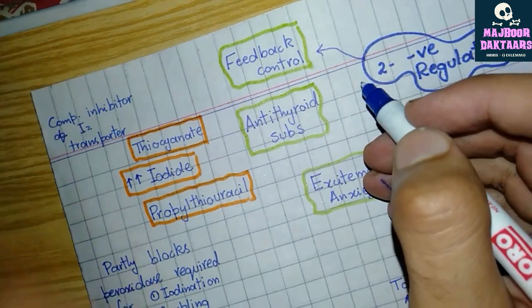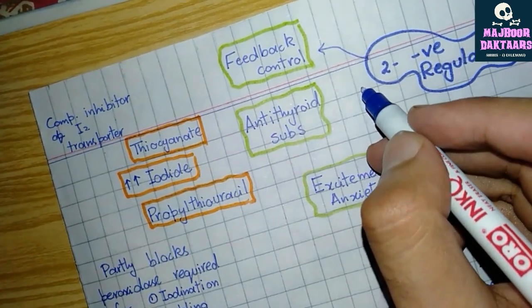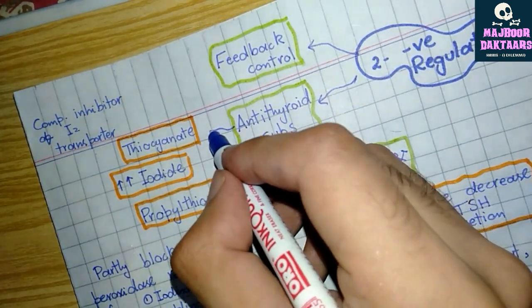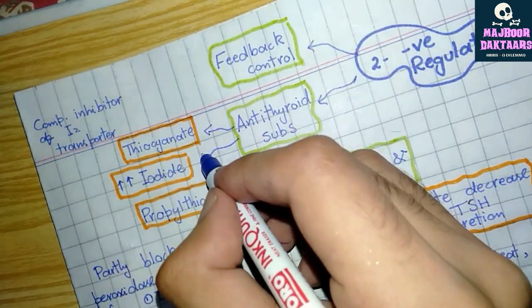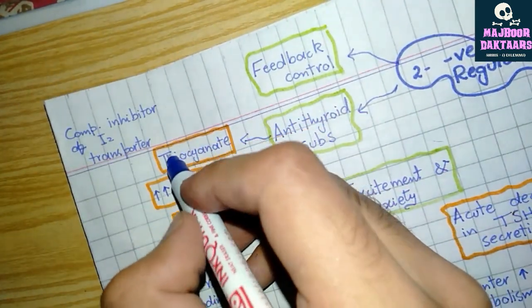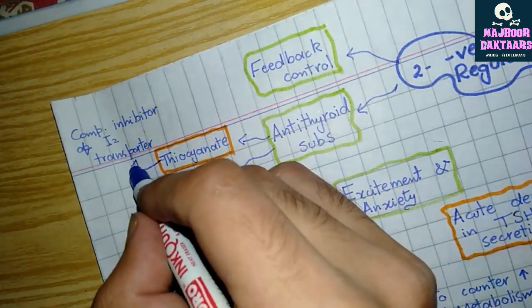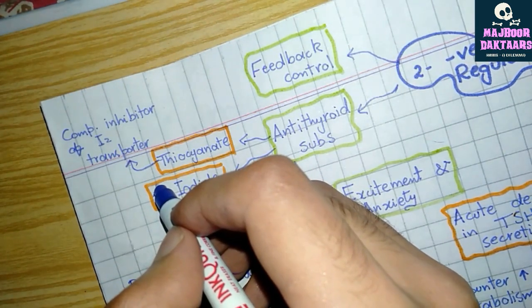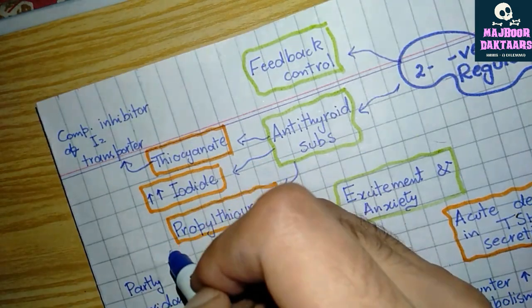Now the second negative regulation is the anti-thyroid substances. It includes substances like thiocyanate, increased iodide in the blood, and propylthiouracil. Thiocyanate causes competitive inhibition of the iodine transporter, so it decreases the iodine trapping in the follicular cell.